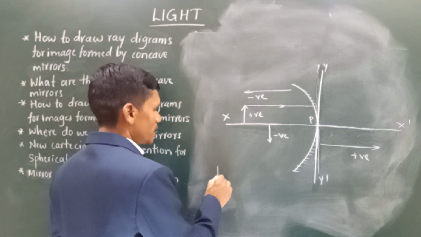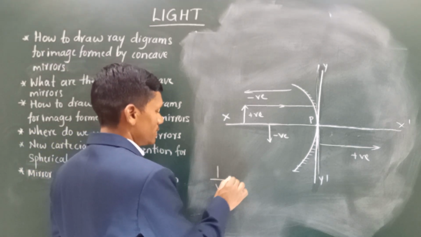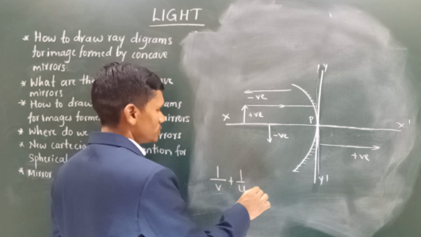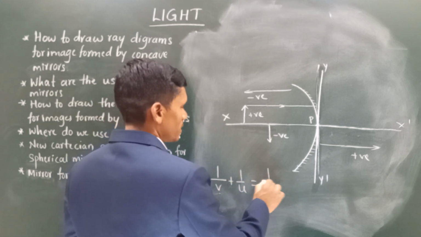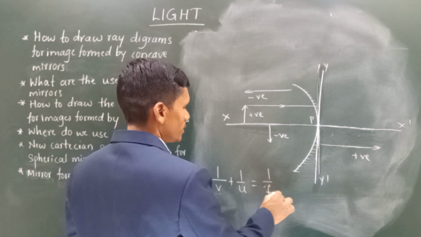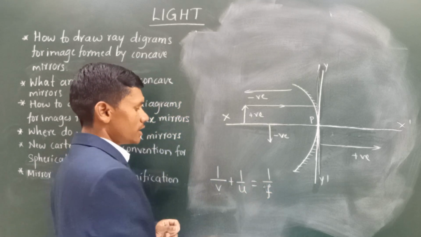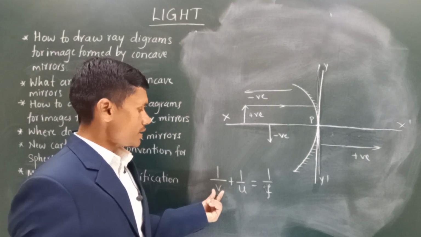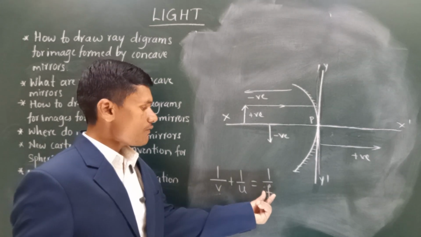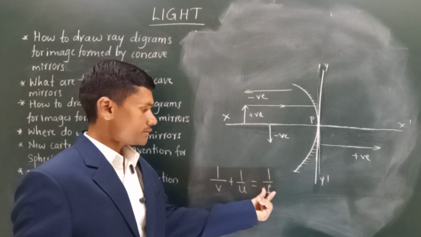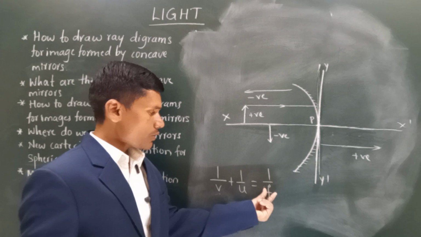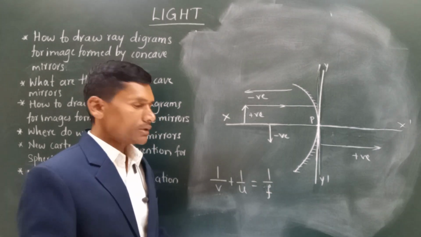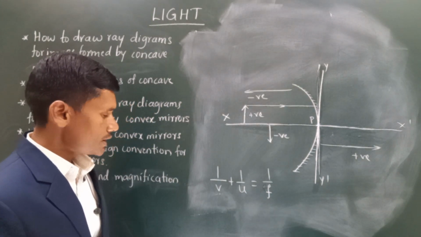The mirror formula is 1 by v plus 1 by u is equal to 1 by f. Here u is the object distance, v is the image distance, and f is the focal length of the mirror, whether convex or concave, right?